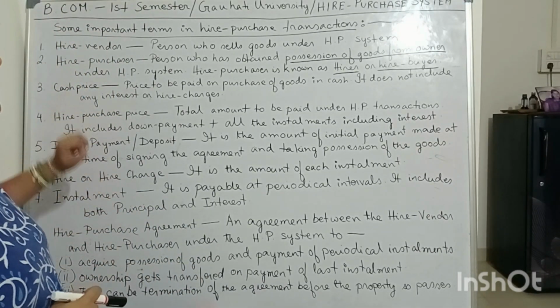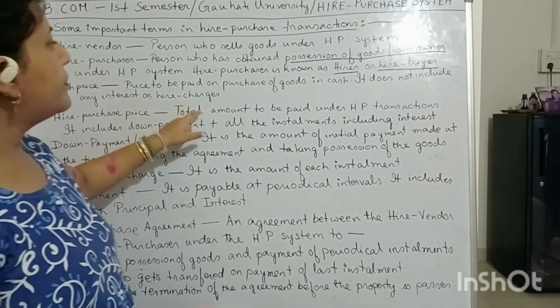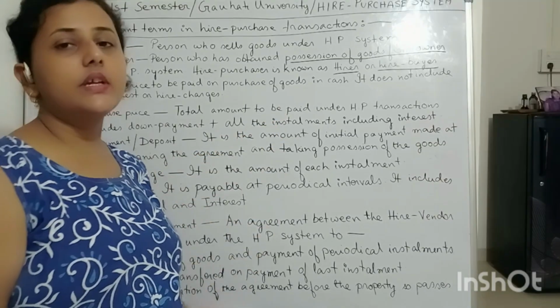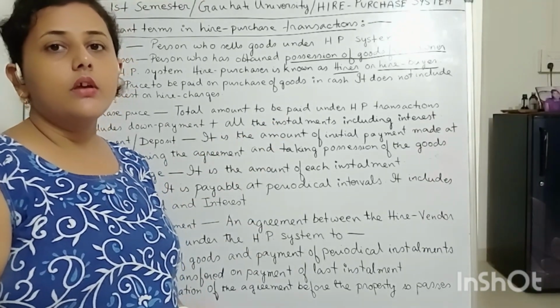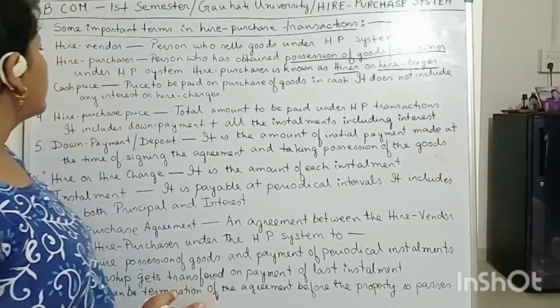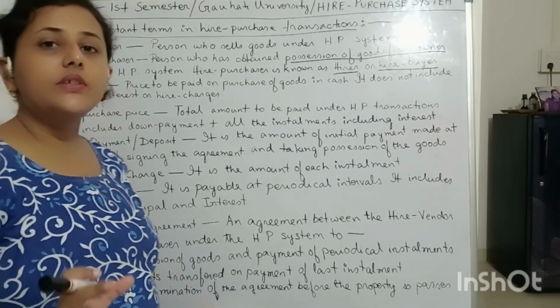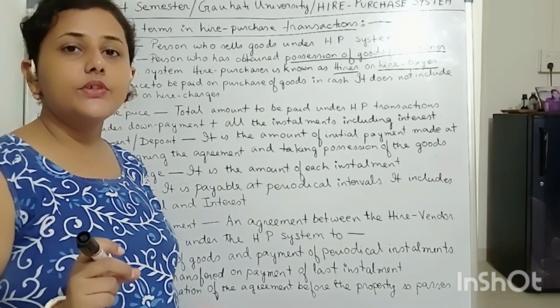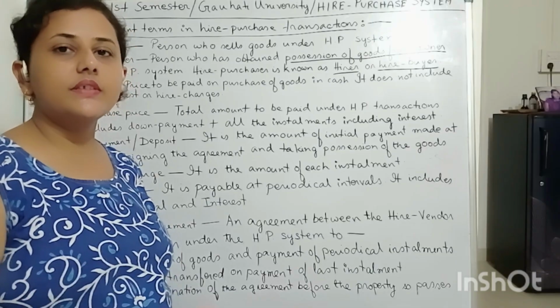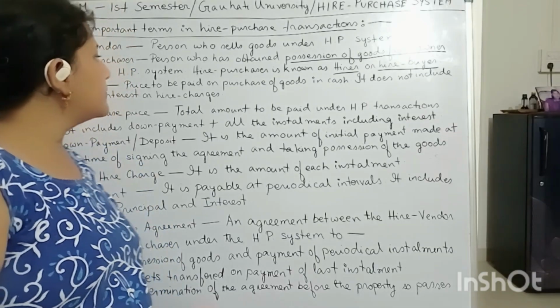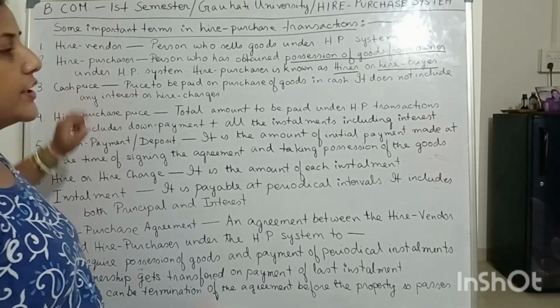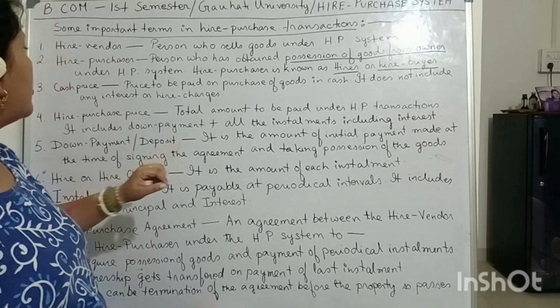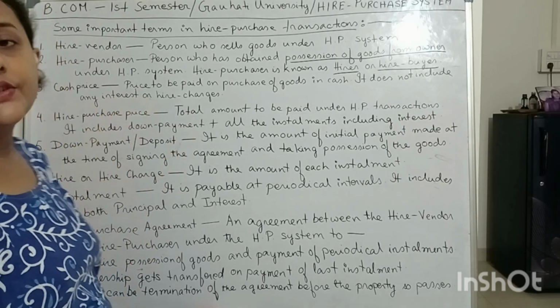Then, what is cash price? It is the price to be paid on purchase of goods in cash. On hire purchase, whatever cash price is paid, that is the cash price. It does not include any interest or hire charges.